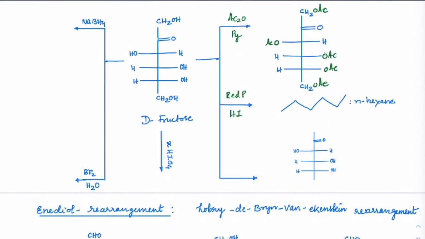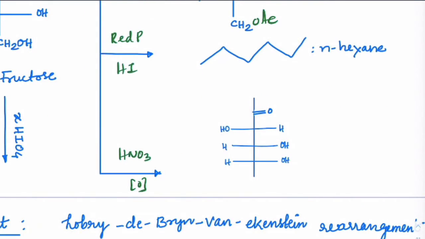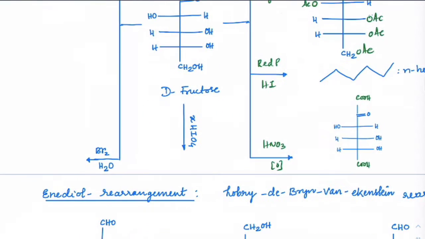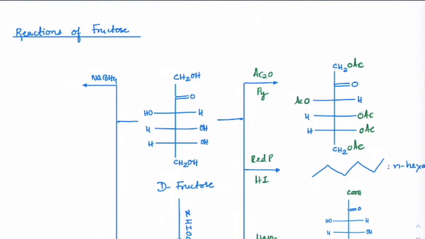If I react that with dilute HNO3, oxidation will take place, and this primary alcohol will become acid. This will also become acid. Next, if you react with NaBH4, everything else is common.